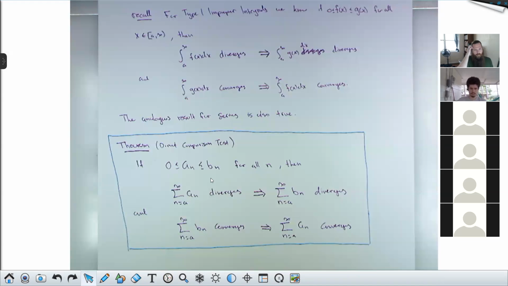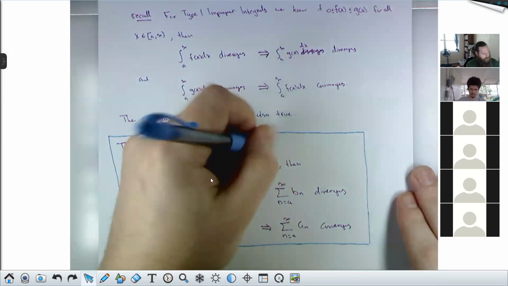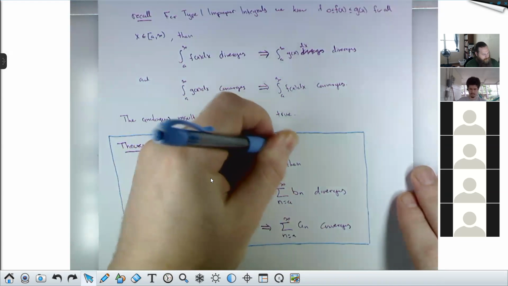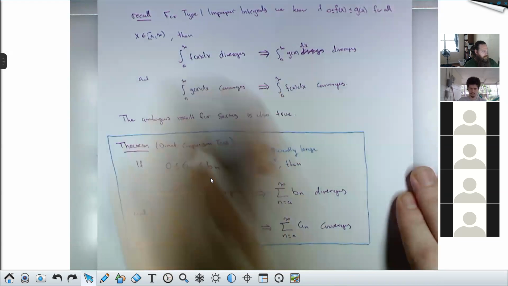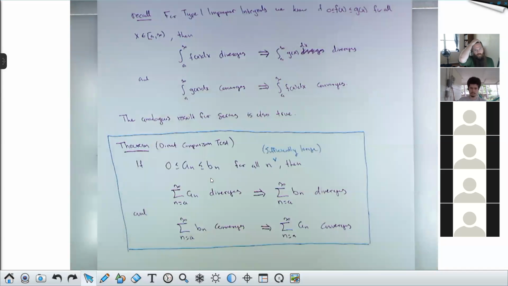I told you that anytime you can relax the hypotheses of a theorem and it still remains true, I would let you know. Here it is. You can replace for all n with for all n sufficiently large.